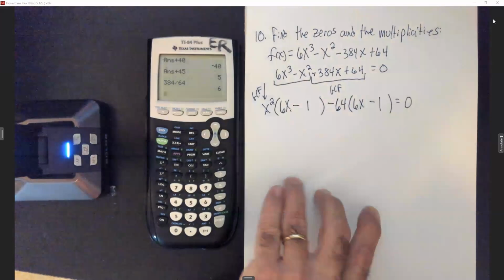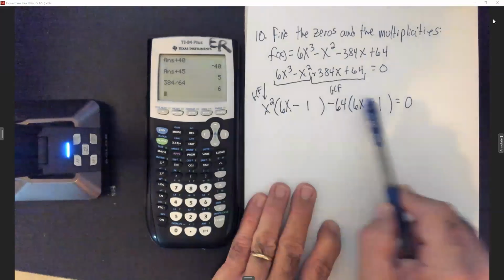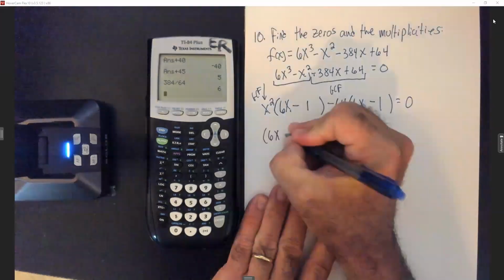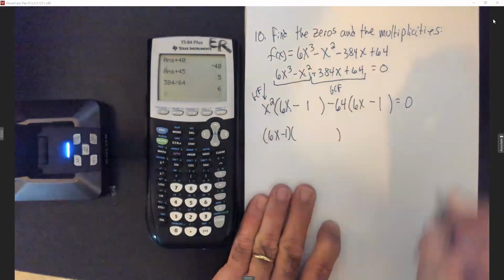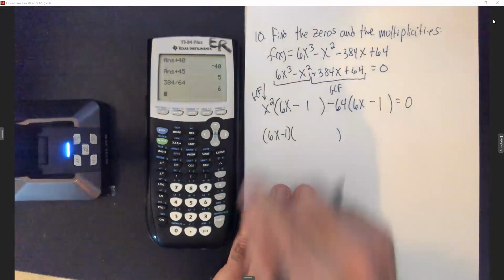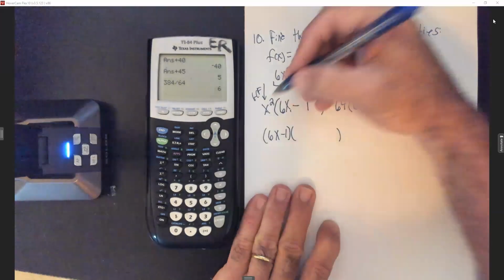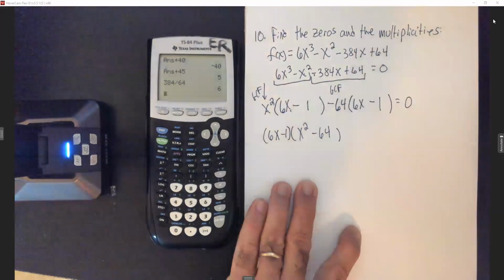So look, my parentheses match up. Since my parentheses match up, 6x minus 1 comes out front. So both of these make this parenthesis, and then everything else, which is the x squared minus the 64, makes up the other factor.